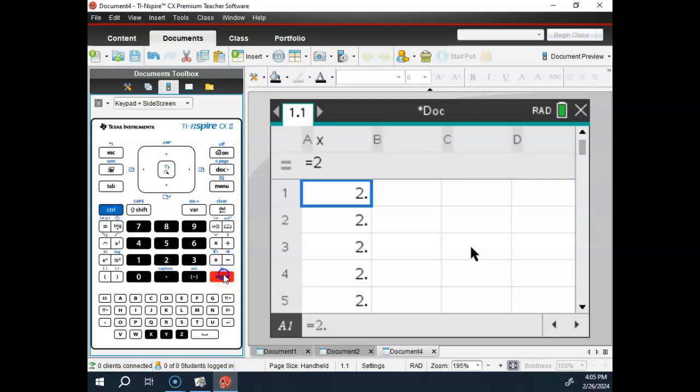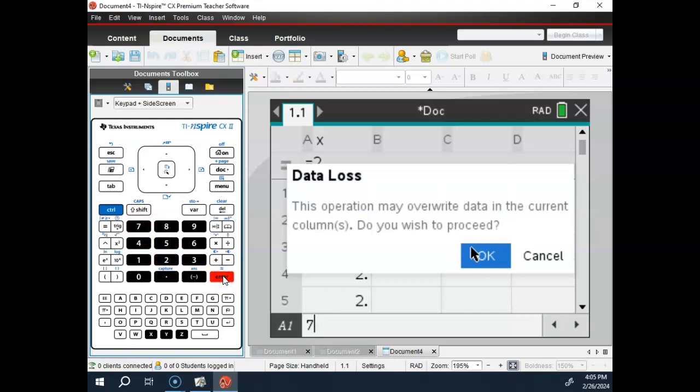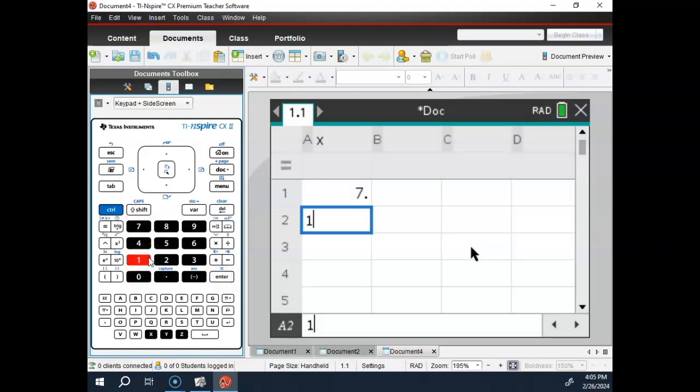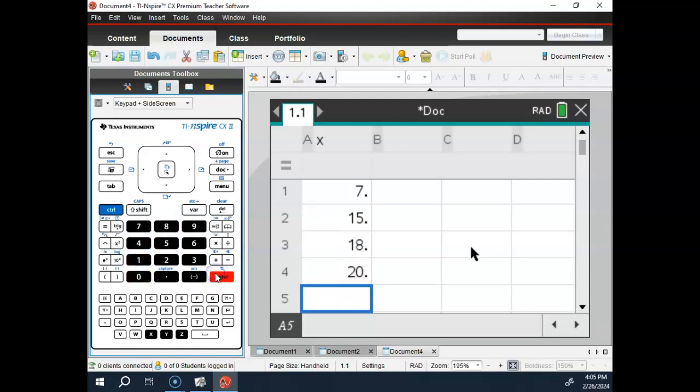So we get 2, 7, 10, 15, 18, 20, 25. Well, they're probably much faster on the calculator than I am on this board.